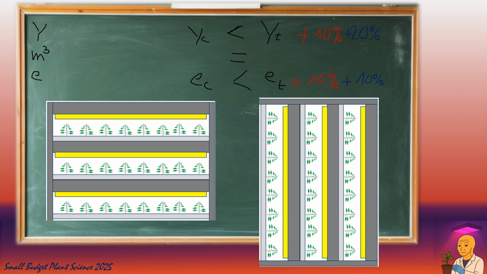But the other way around, if you have here plus 10 and here plus 20, that means that you have a higher yield with the treatment. However, you are losing efficiency.